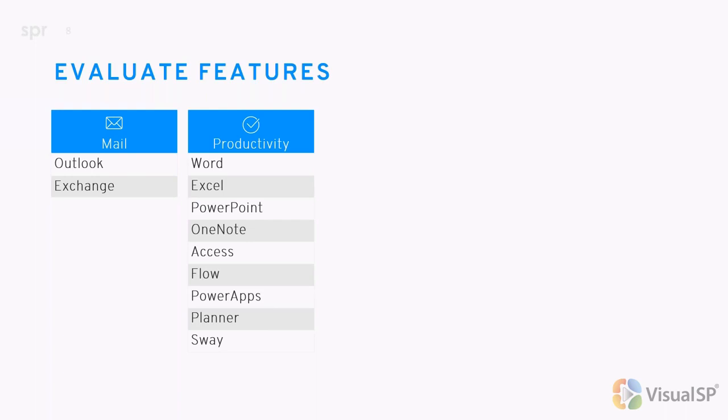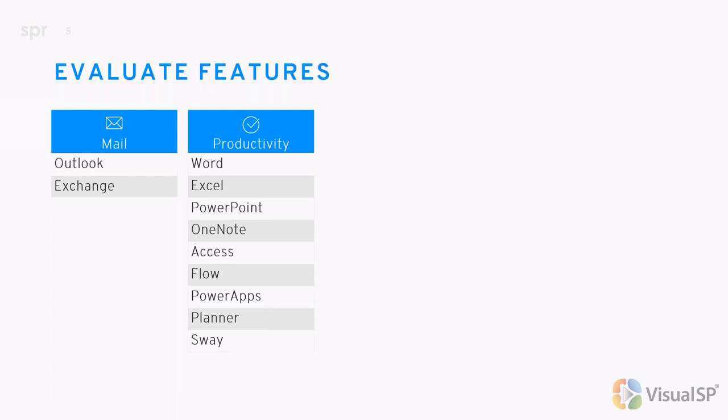There's also Flow and Power Apps for workflow and forms and business processes. Are you going to start using those? Do you have existing workflows? How are you going to use those going forward? In addition, there are some additional productivity apps like Planner and Sway that you may want to implement or train your users on how to use.